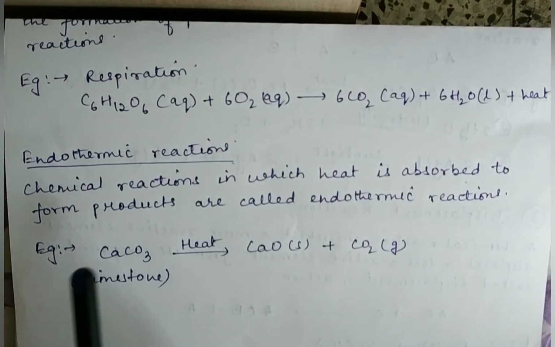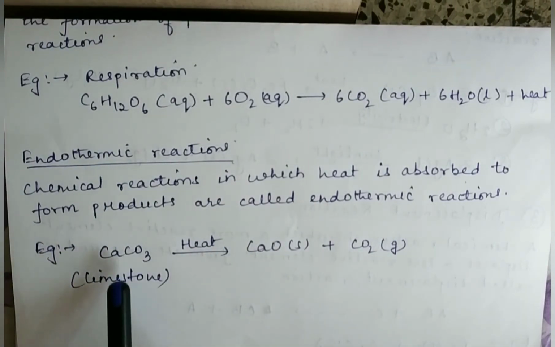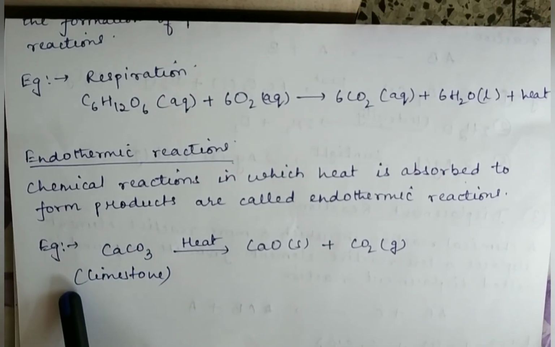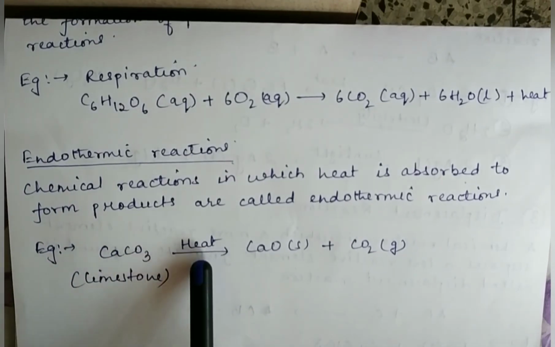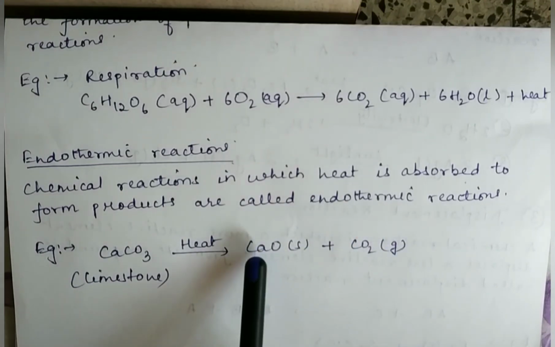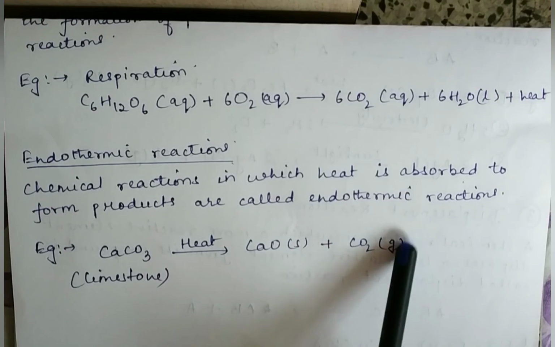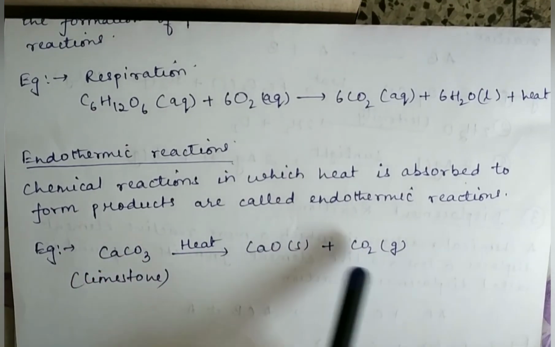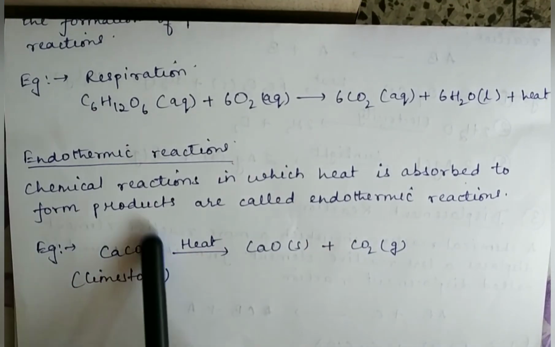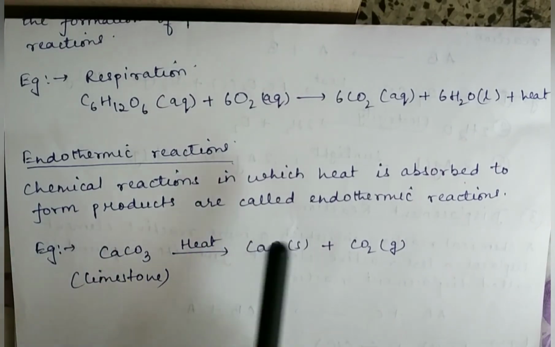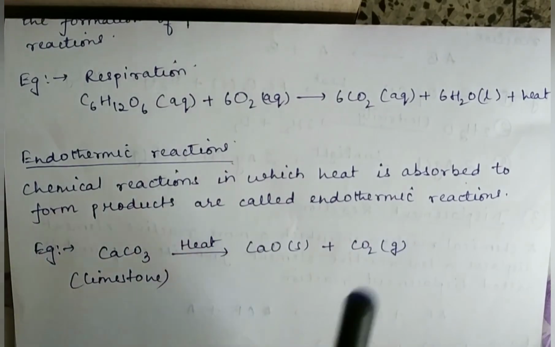So here I have taken one more example. When calcium carbonate, also known as limestone, is heated, it breaks up into 2 products, calcium oxide and carbon dioxide. So if you see, this is also a decomposition reaction, since one reactant is decomposing into 2 products.